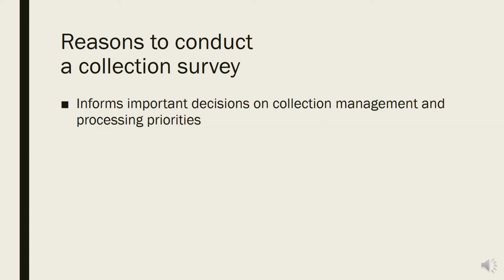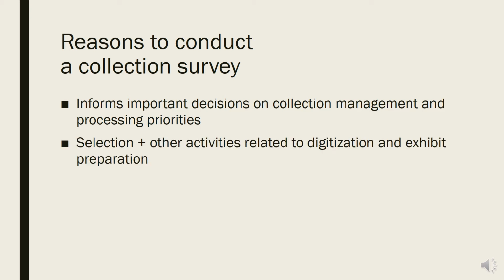Having accurate information about your collections can inform important decisions on collection management, such as prioritizing what needs to be processed, as well as larger-scale decisions like deaccessioning and revisions to collection development policies. When it comes time to prepare for an exhibition or a digitization project, even a box-level survey will help you understand what is in the collection.